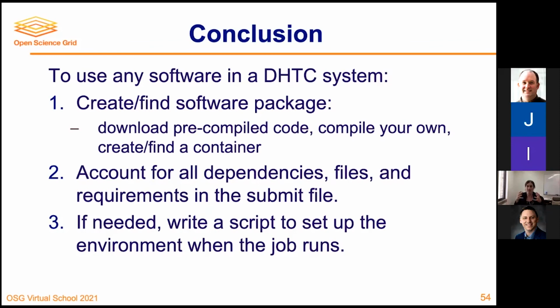We create or find the software we need, either as a set of files, a binary, a folder, or a container. We either find it or we create it. Once we have that thing, whether container or tarball, we account for it in our submit file, using transfer input files if we have files, or the container image options if we have a container. Any requirements that are needed for our particular code all go in the submit file.